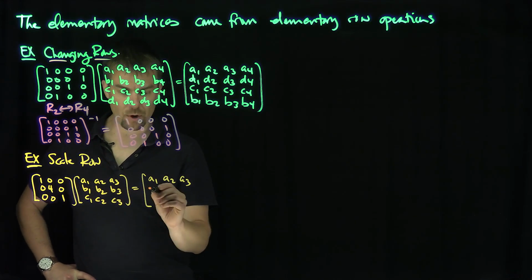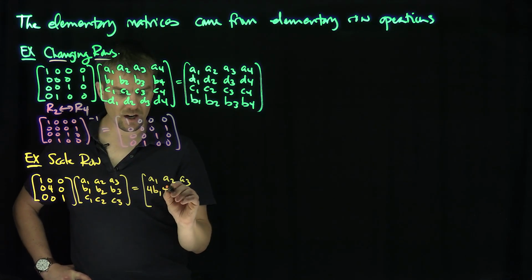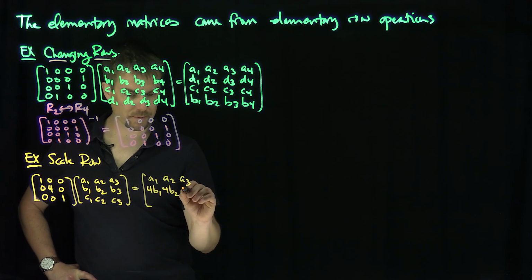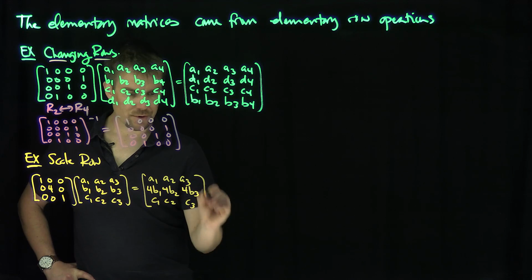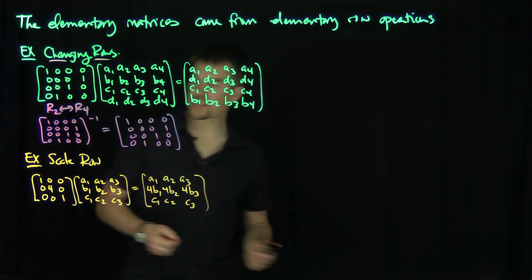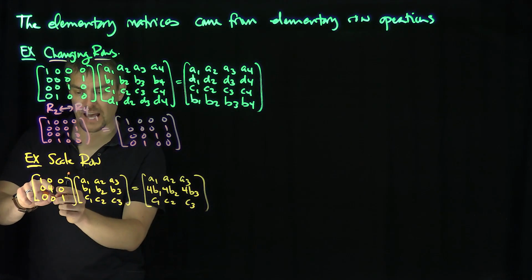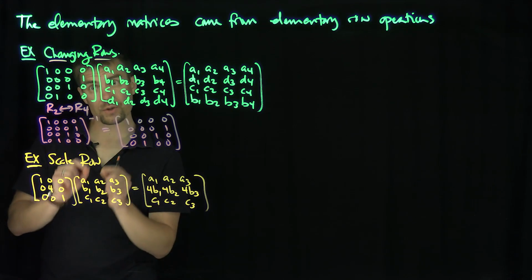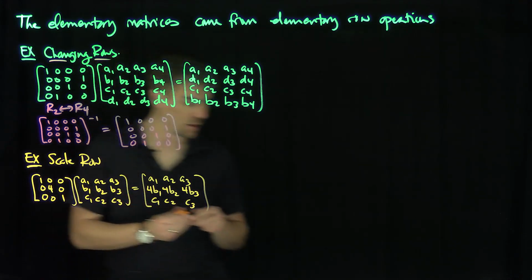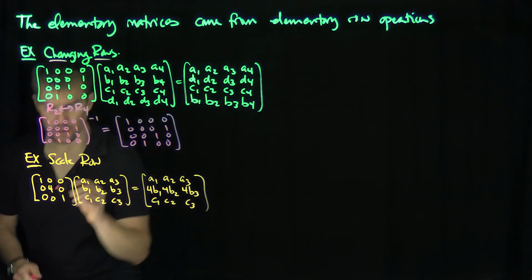But now all of the entries of the second row are going to be multiplied by 4. And then the third row stays the same. So this was the identity matrix, except now I've taken the second row of the identity matrix and multiplied it by 4, which corresponds to scaling the second row by 4.